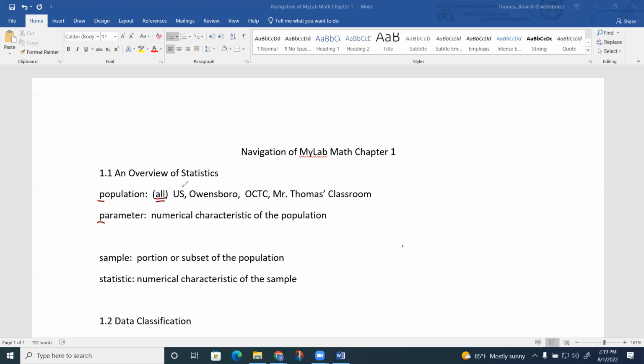The all could be the whole United States, or the city of Owensboro, or a college like the Owensboro Community and Technical College, or it could even be my classroom. So with population, you have to really read carefully. If what's being described represents the whole population, or the word all, then it's actually called a population. If a population exists, then any kind of numerical characteristic will be called a parameter. So a parameter will go along with a population.